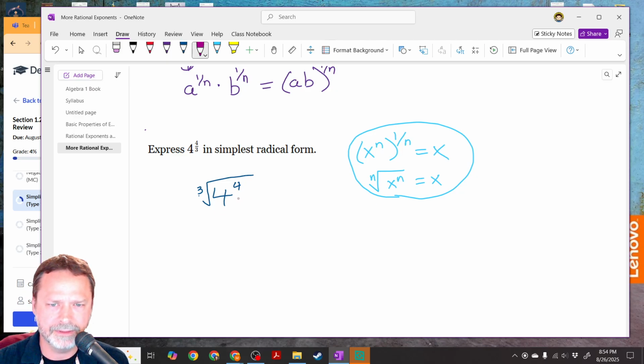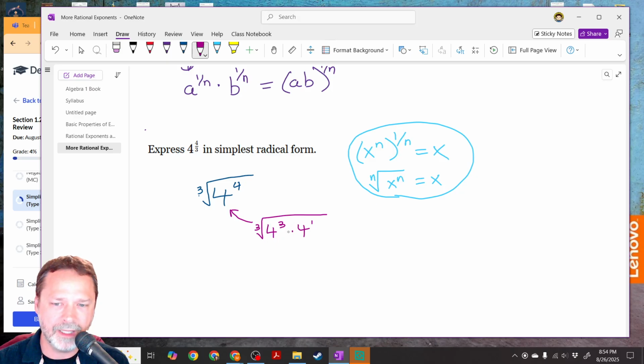Now, here we can definitely do that. It's actually really, really easy. In this case, I could rewrite this as 4 to the cubed times 4 to the 1 underneath my cube root. I can split that 4 up.